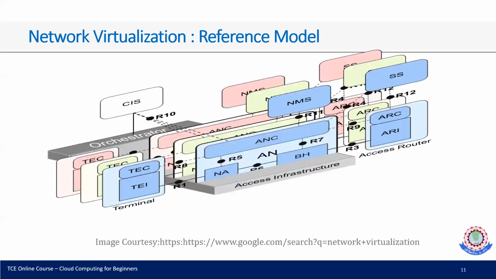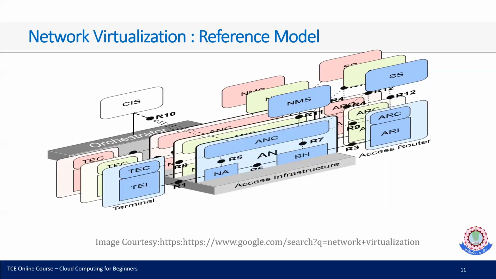So this is a basic reference model. It has a technique called orchestration. It has the terminal, access infrastructure, and access routers. These are the electronic components which can be blended to virtualize our network.